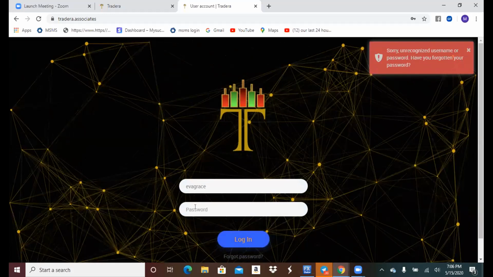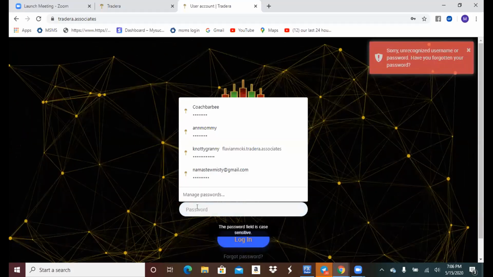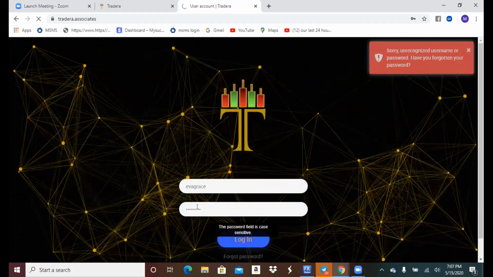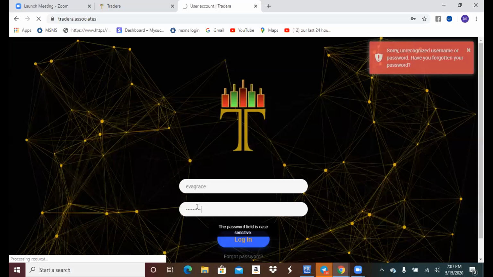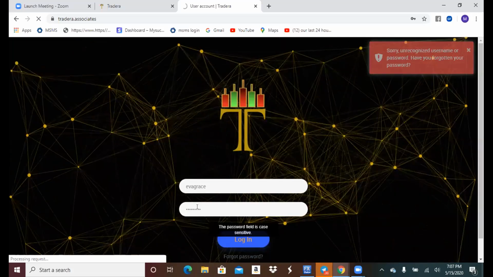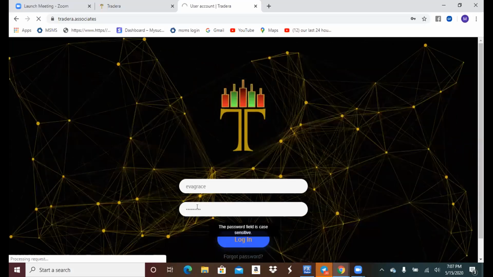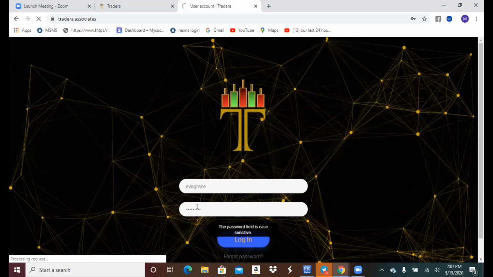Oh, my caps lock's on. Good Lord. If y'all don't know, I'm moving into my new house, and I'm on my laptop. I'm not on my Mac. And internet is slow here.